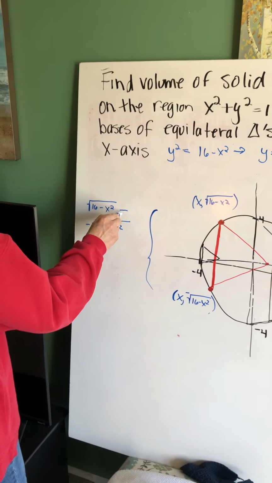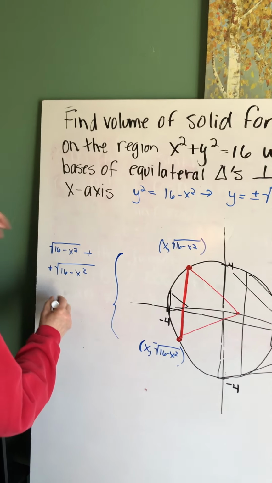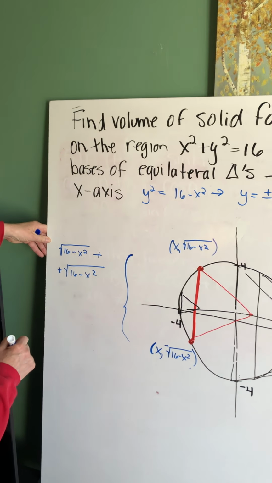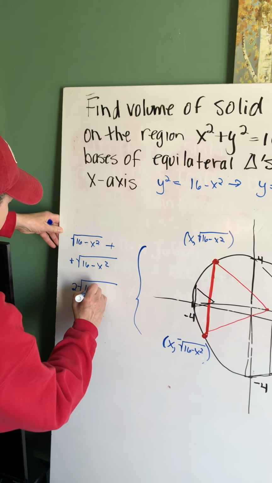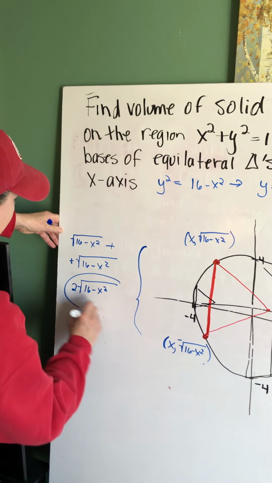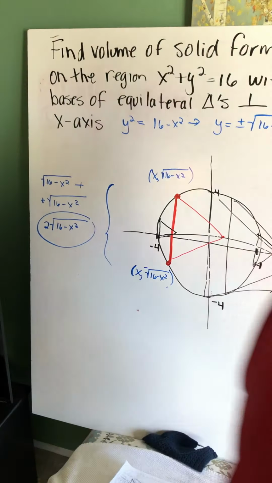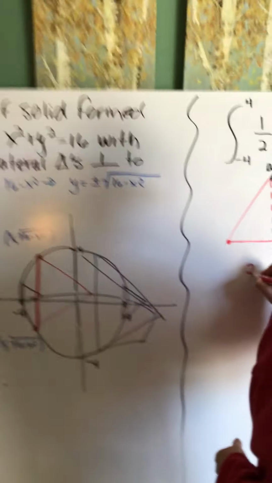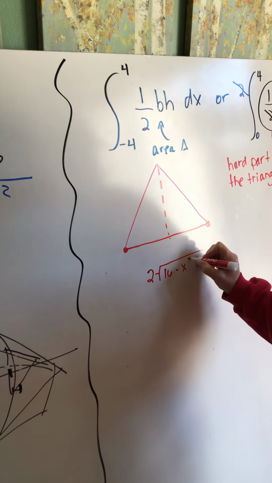We know that 2 negatives make a positive, so this base of this triangle is 2 of these, the square root of 16 minus x squared plus another one. That is how long this base is right here. This whole base is 2 times the square root of 16 minus x squared.